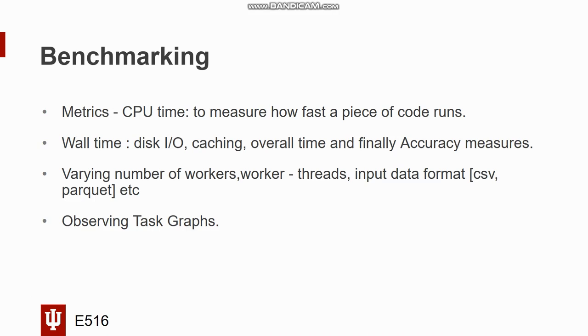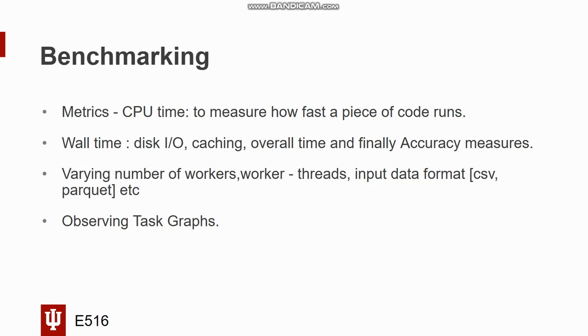And then we used wall time that considers disk input and output, caching, and overall time that a piece of code takes. And finally, the accuracy measures that we obtained by varying the configuration of our Dask cluster.